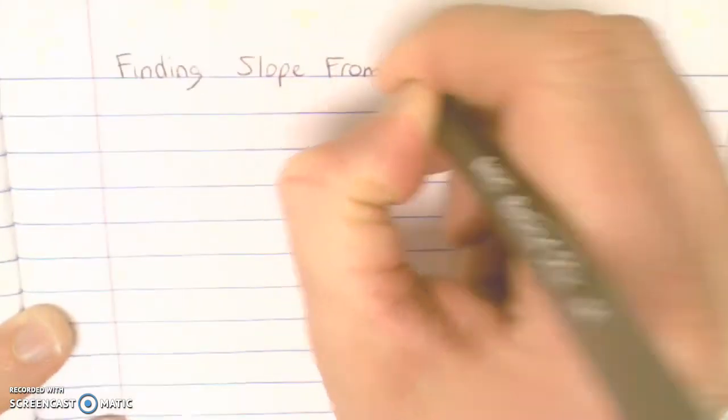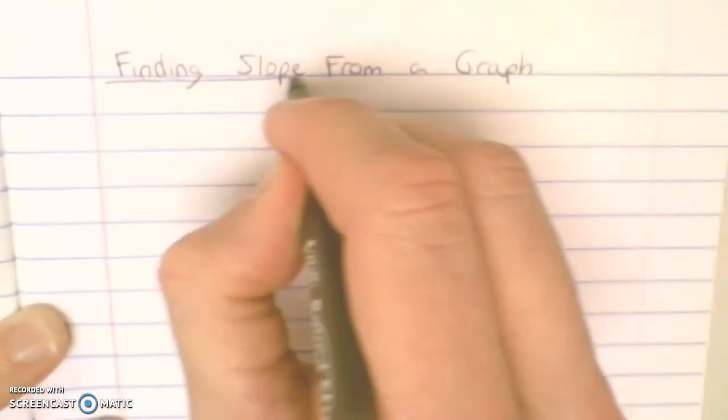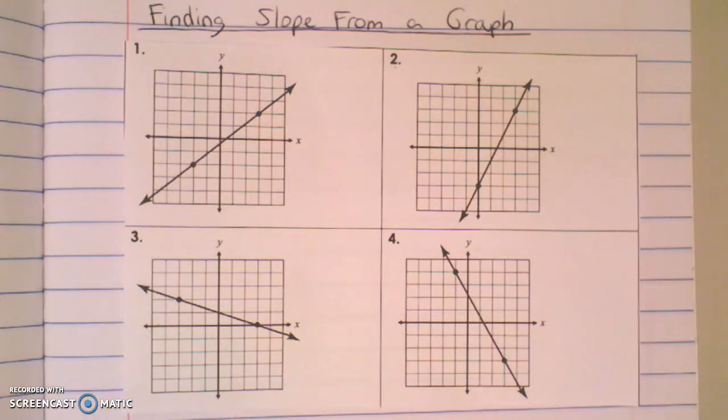Finding slope from a graph. And at this point, you should type in the graphs that were given to you. All right, so here are the graphs that we have, and we're going to calculate slope. So when you're finding slope from a graph, you look for the point that's furthest to the left on your graph.